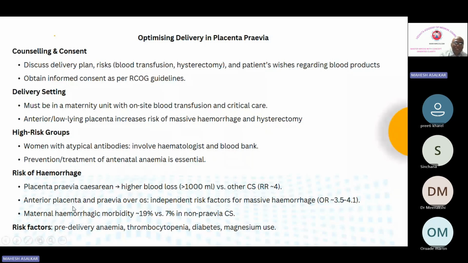Anterior placenta and previa are independent risk factors for massive hemorrhage, and the odds ratio is around 3.5 to 4.1. Maternal hemorrhagic morbidity is 19% versus 7% in non-previa cases. These minor percentages are not asked, so no need, but just remember the PPH chances are high.